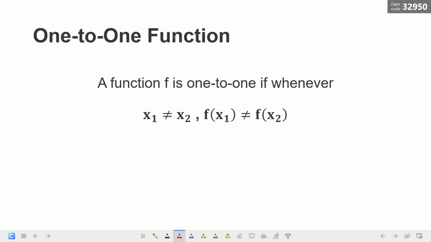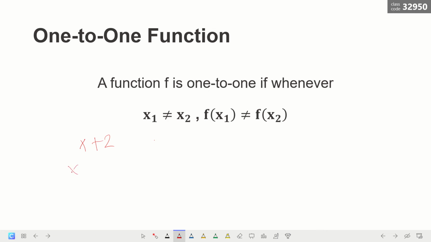So for example, we have an equation here, or a function, which is f of x is equal to x plus 2.